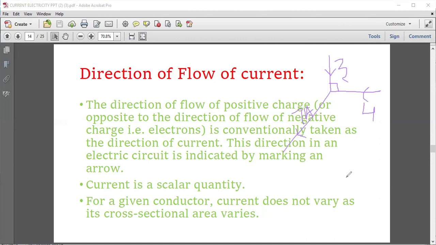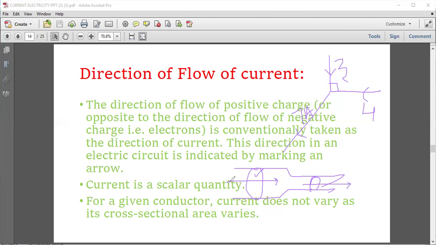Is it clear? Then one more thing, current does not depend upon the cross sectional area. It means, suppose here this is a conductor of uneven thickness. Here it is thick and here it is thin. Here the cross sectional area is less, here the cross sectional area is more. But if here the current is 5 ampere, here also the current will be 5 ampere.